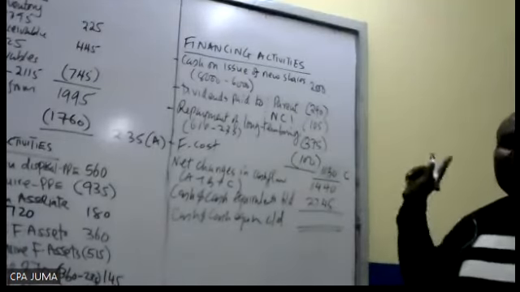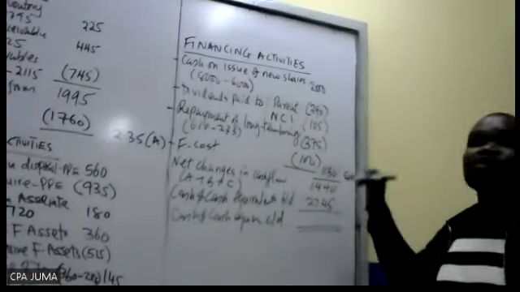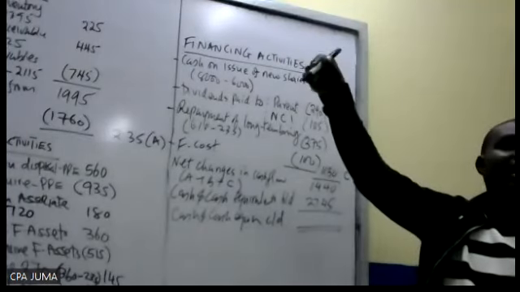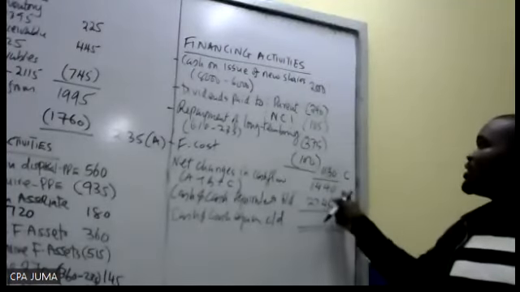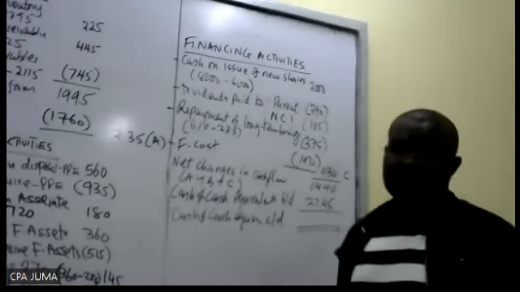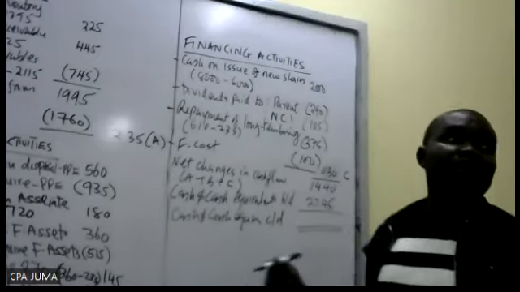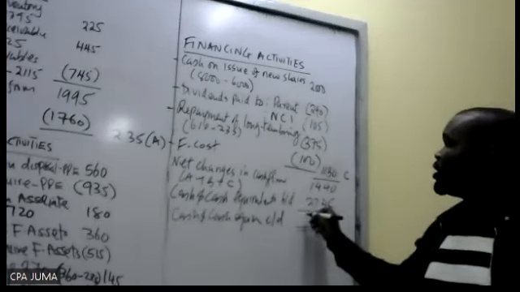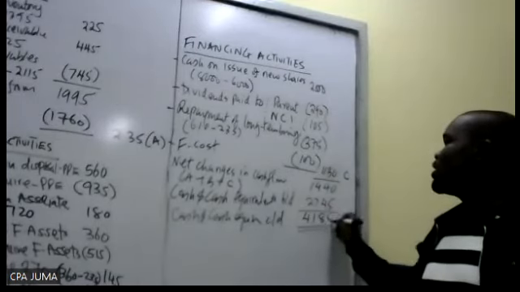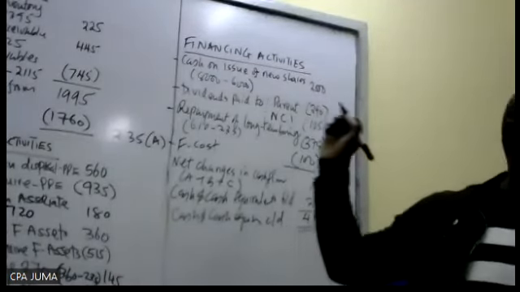So if we are accurate, this plus this should give you what is appearing there as carried down. So how much is this? 41.85. Accurate.